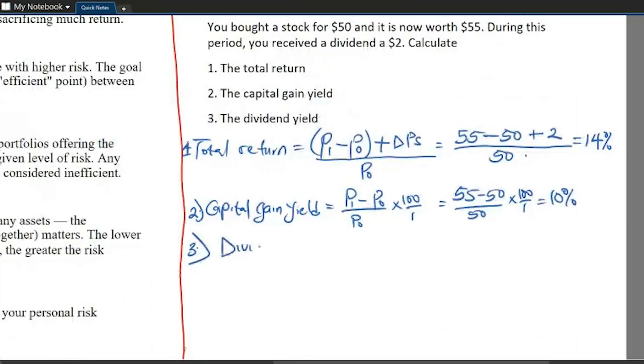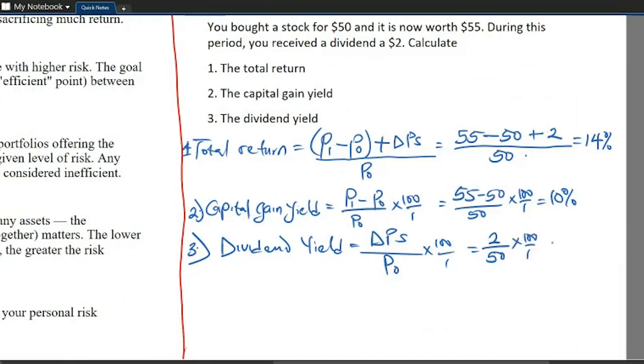Dividend yield is dividend per share over the price of the shares times 100 over 1. And that is $2 over $50 times 100 over 1, which gives 4%.